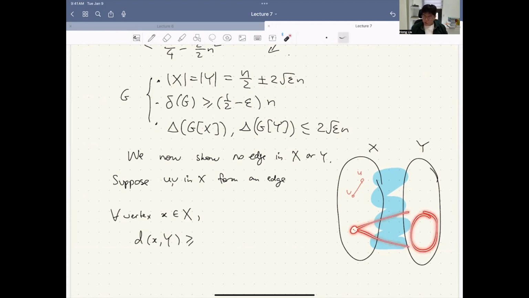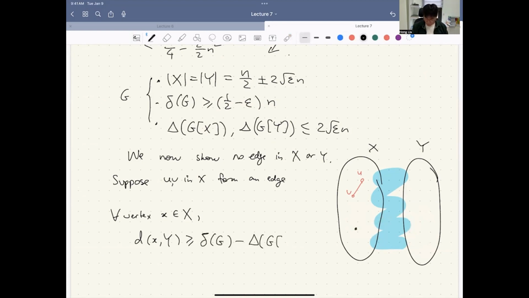It's at least the minimum degree of the graph G minus the maximum inner degree in X, which is at least (1/2 minus epsilon) n minus 2 square root epsilon n.